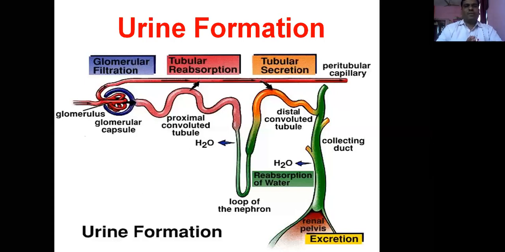The Bowman's capsule or glomerulus has a fine network of blood vessels, which blood enters through the afferent arterioles.